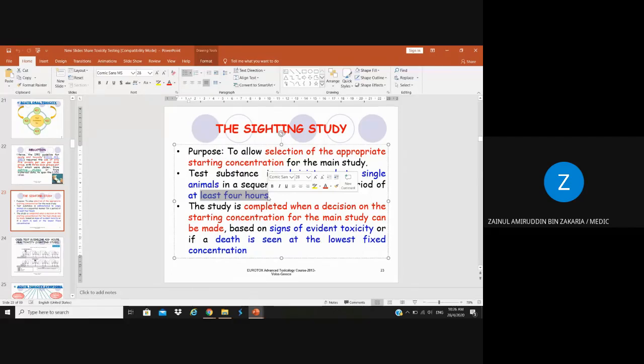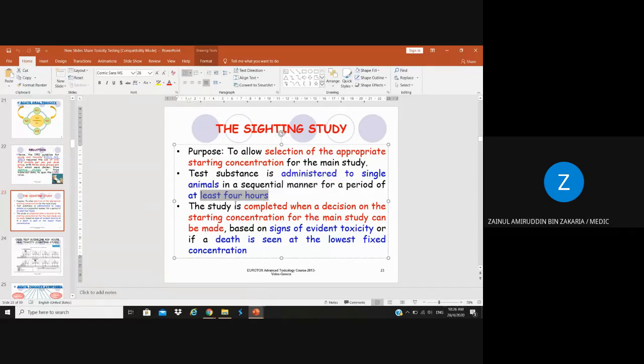let's say you saw at 300 causing death or sign of toxicity, then you should not proceed with 2000. You should reduce, between 50 to 300. Or you can also assume that the LD50 is between 50 and 300.